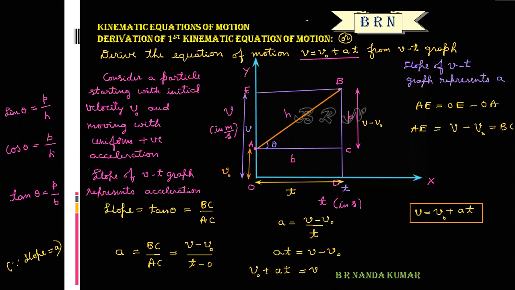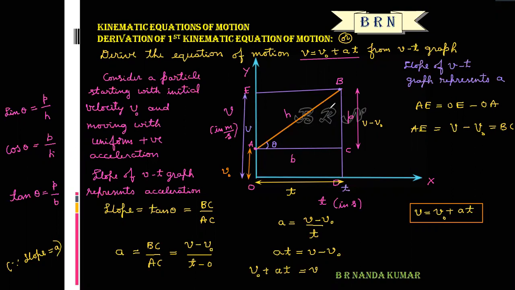What is the meaning of VT graph? A graph drawn by taking velocity along y-axis, time along x-axis is called the VT graph. So here particle starting with initial velocity and moving with uniform positive acceleration.